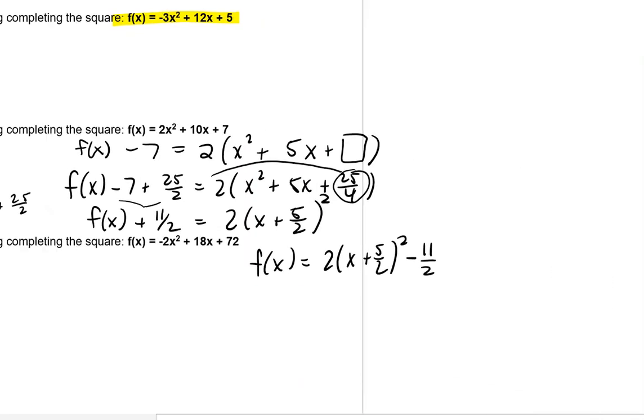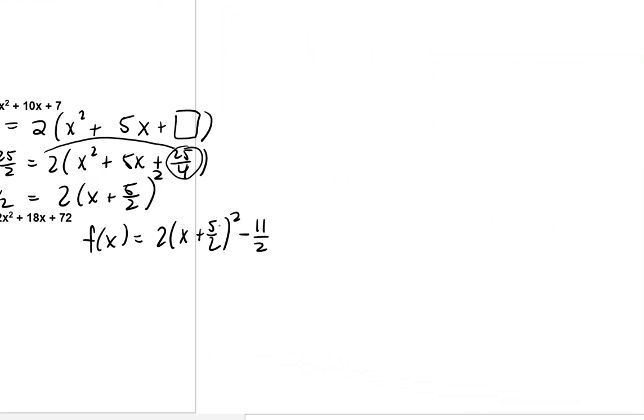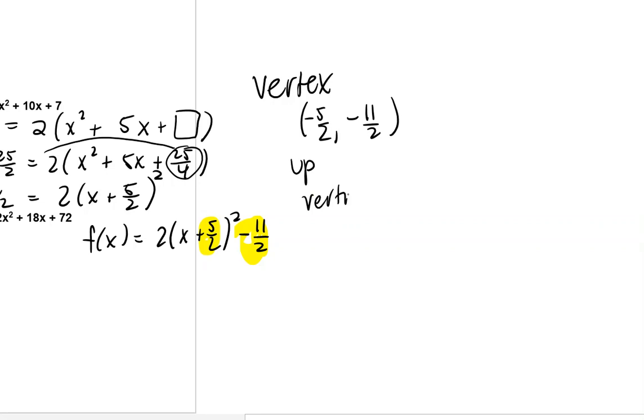And now it didn't say to, but just as a reminder, our vertex here is the opposite of this, comma this. So if I wanted to know where this graph was, the vertex is at negative 5 halves, comma negative 11 halves. And then it is opening up. It has a vertical stretch of 2.